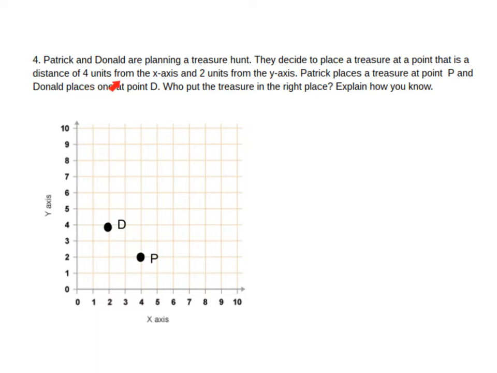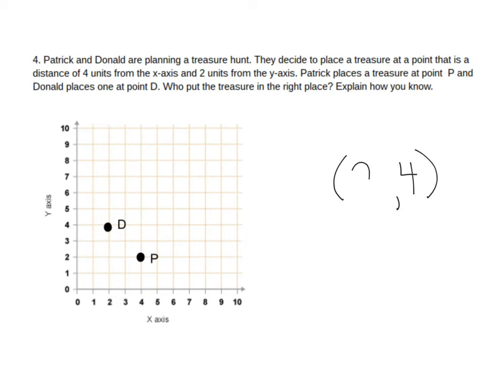It says 4 units from the x. So here's the x-axis. 4 units from this, or away from this, actually means 4 on the y. So our y coordinate has to be 4. Then it says 2 units from the y. So here's the y-axis. 2 units from that means 2 away from that, which is actually 2 on the x.